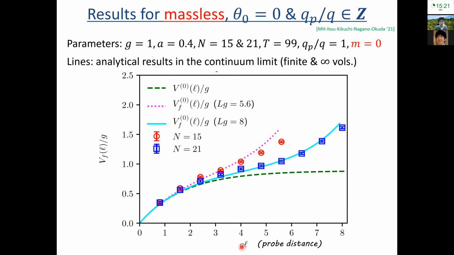Okay, this is a good point. Let me explain in a bit more detail. There are various sources of error. The first one is that since we have only a finite number of shots, we have a statistical error.